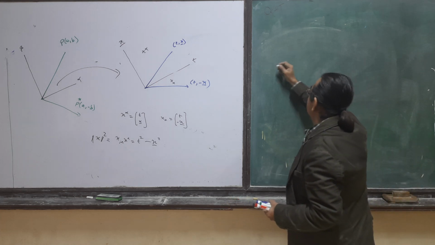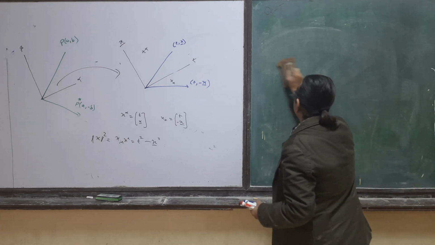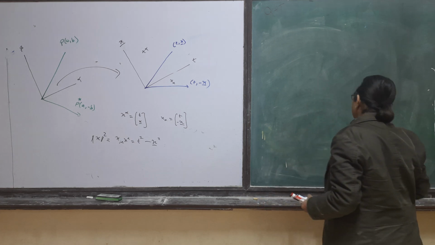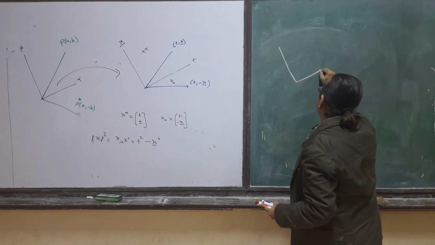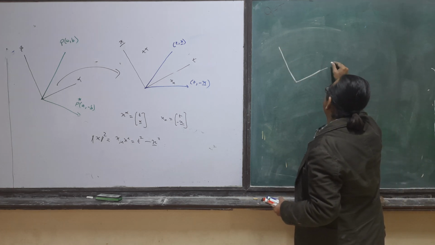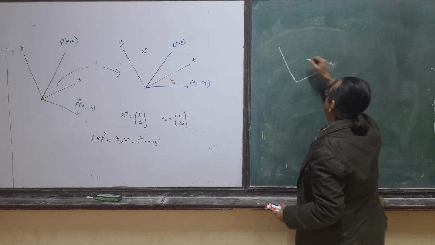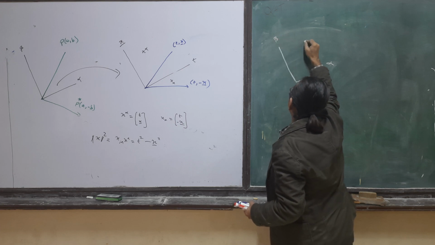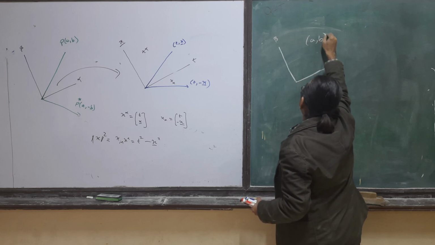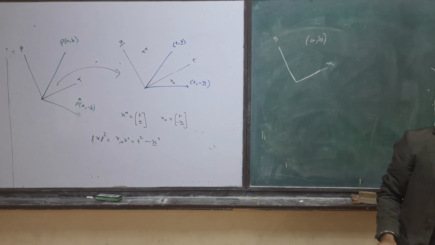The complex numbers, if this is A, this is alpha, this is beta, and this is A and B. Okay.